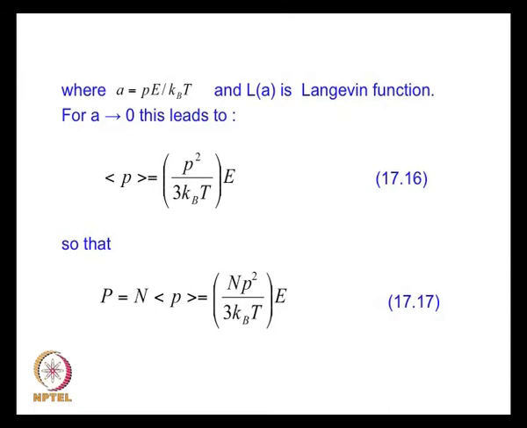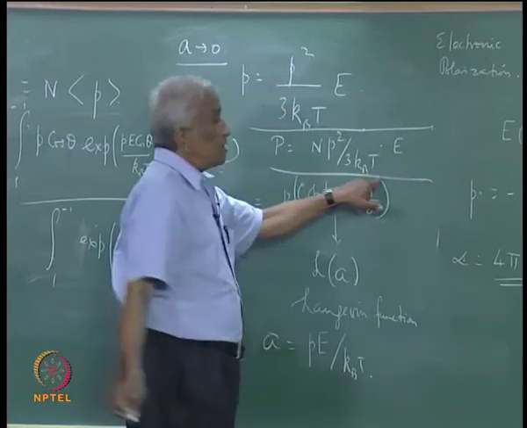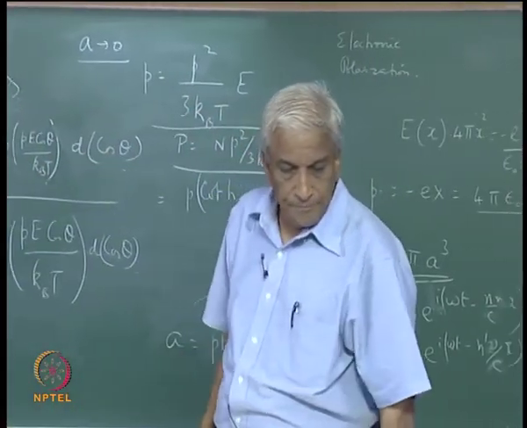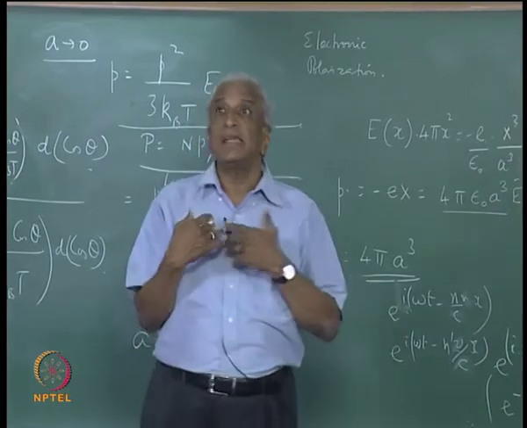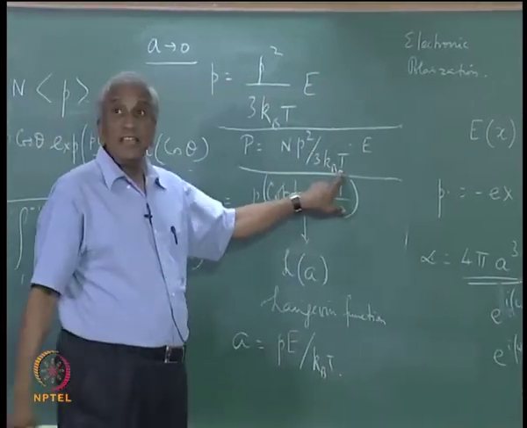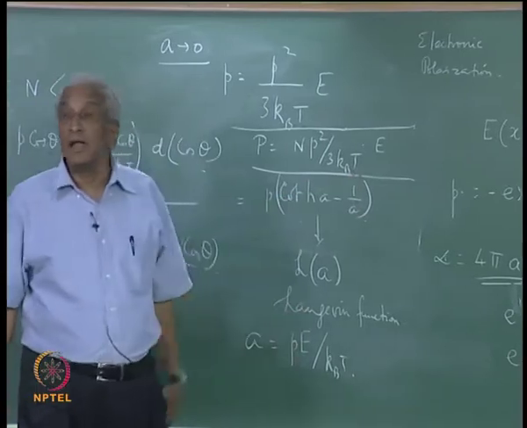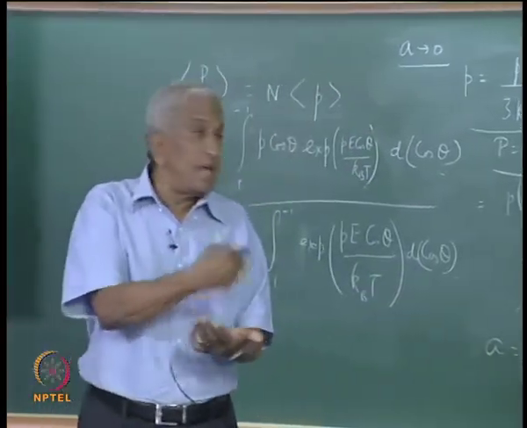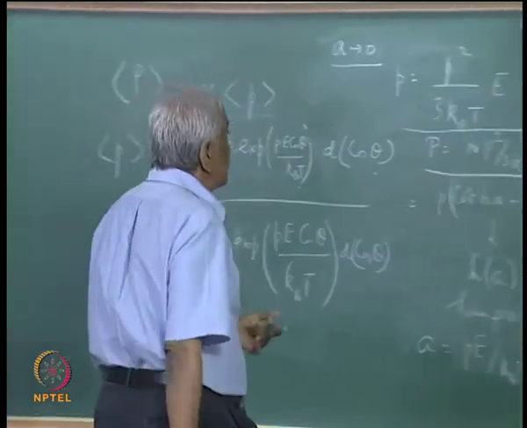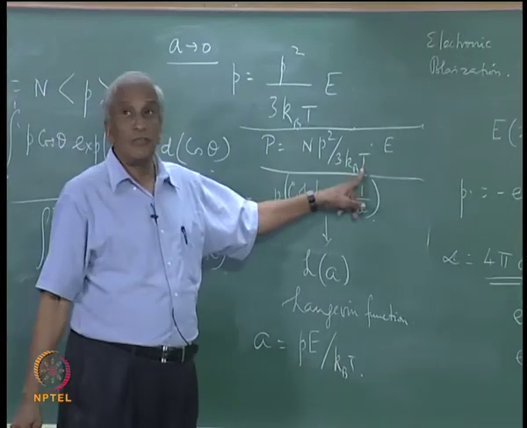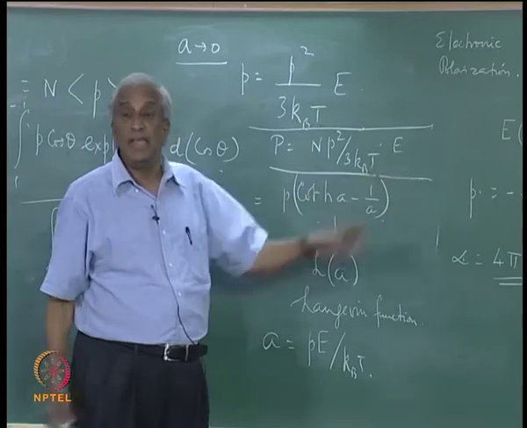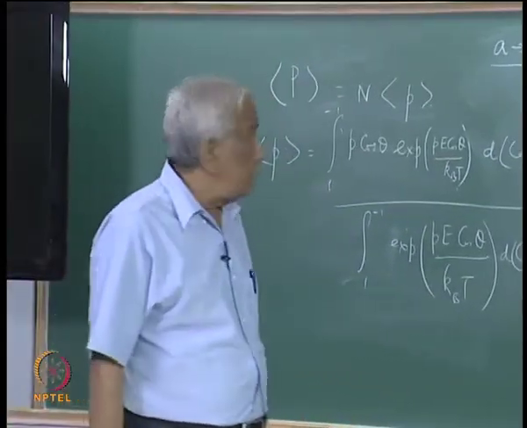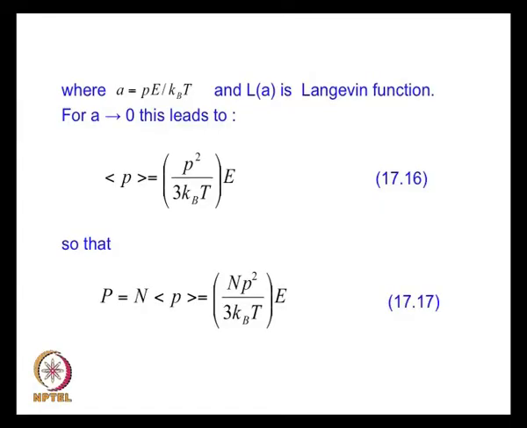It has an inverse temperature dependence on the absolute temperature T. So, you have a dielectric susceptibility which varies inversely with the temperature, unlike the electronic and ionic contributions. If you measure the dielectric constant as a function of temperature and plot it versus 1 by T, you will get a straight line for the orientational contribution, which may therefore be separated.